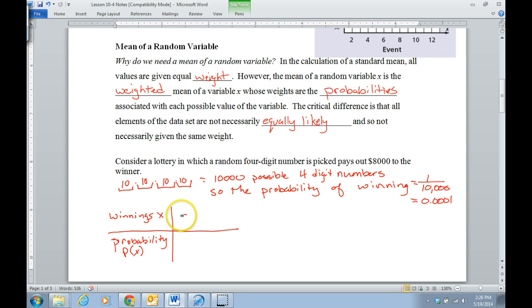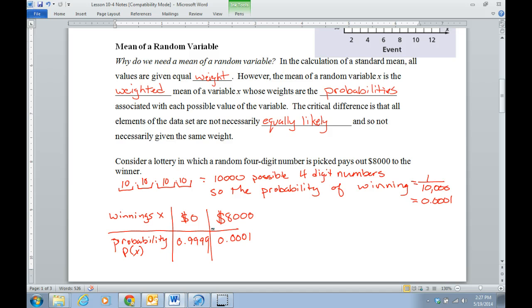So if I have winnings of $0, what's the probability of getting $0? Maybe an easier way of thinking of this is, what is the probability of getting $8,000? We just said that is 0.0001, correct? So what's the probability of getting $0? Yeah, 0.9999, right?